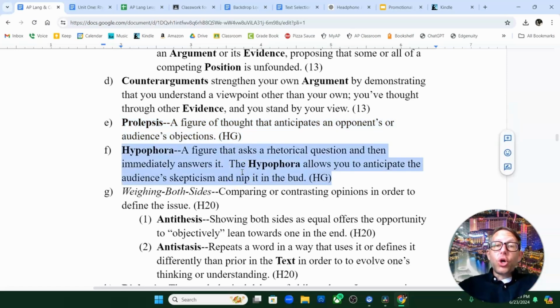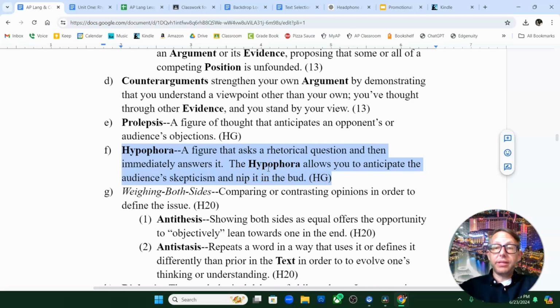We also would have something called hypophora, which happens all the time, and we don't even realize that we're doing some sort of complex rhetorical technique when we do it. This is a figure that asks a rhetorical question and then immediately answers it. So that whole concept of a rhetorical question is kind of the hypophora. It allows you to anticipate the audience's skepticism and nip it in the bud.